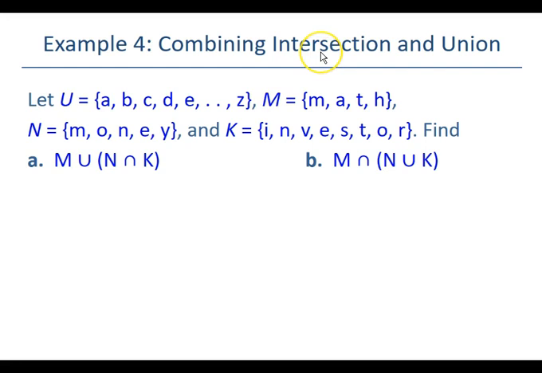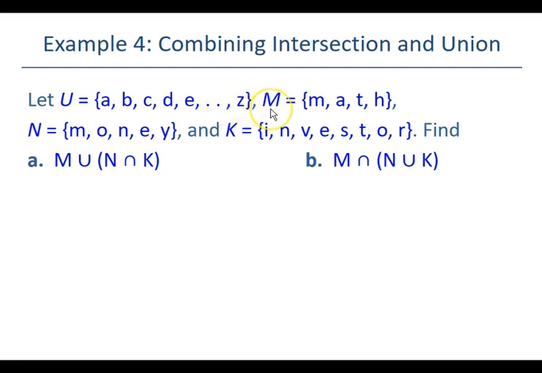Remember, that is an and, and the union, which is an or. So our universe, by definition, are the letters of the alphabet. And they're showing this in roster notation, indicating that the full alphabet is there.